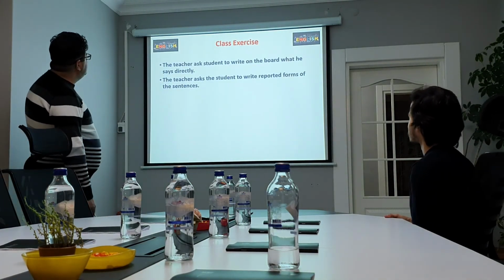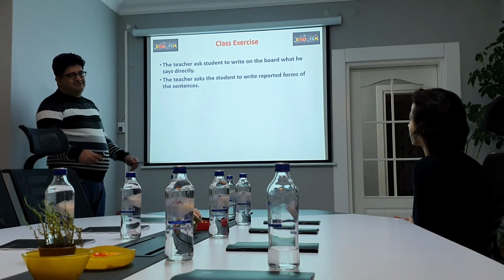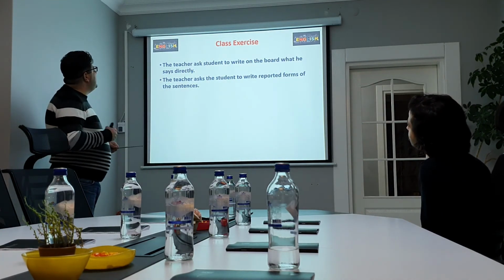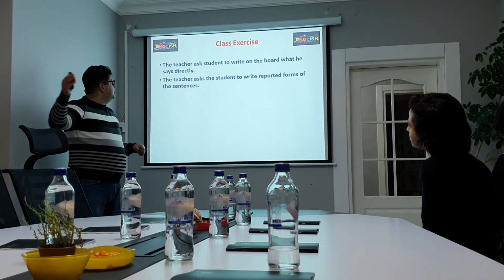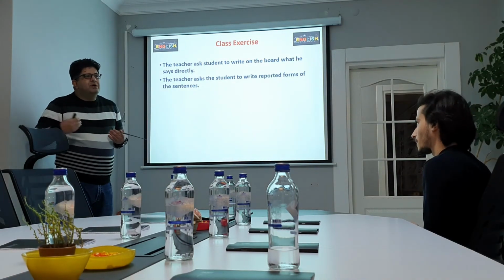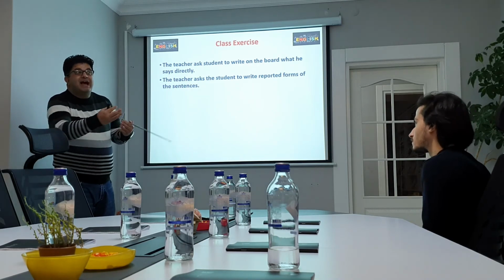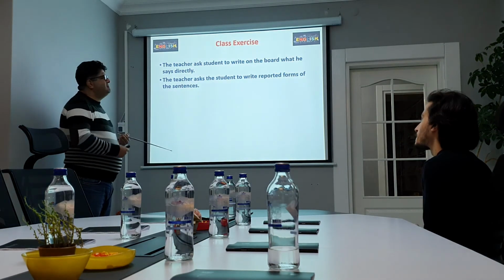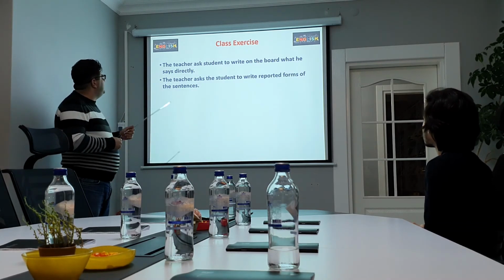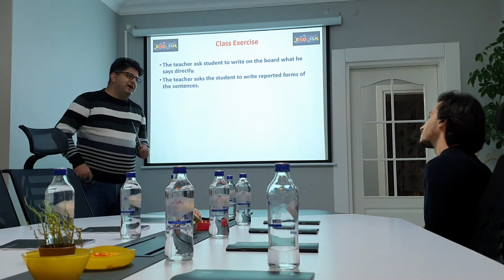Okay, so let's make a class exercise. That's a kind of writing exercise as well. I am going to ask you to write on the board what I say or what I ask. I'll ask you to write first the direct form and then the indirect form.